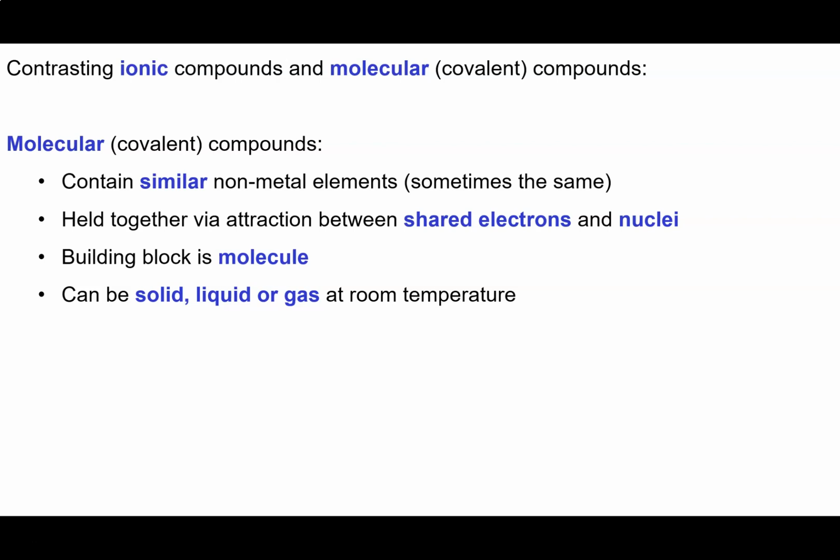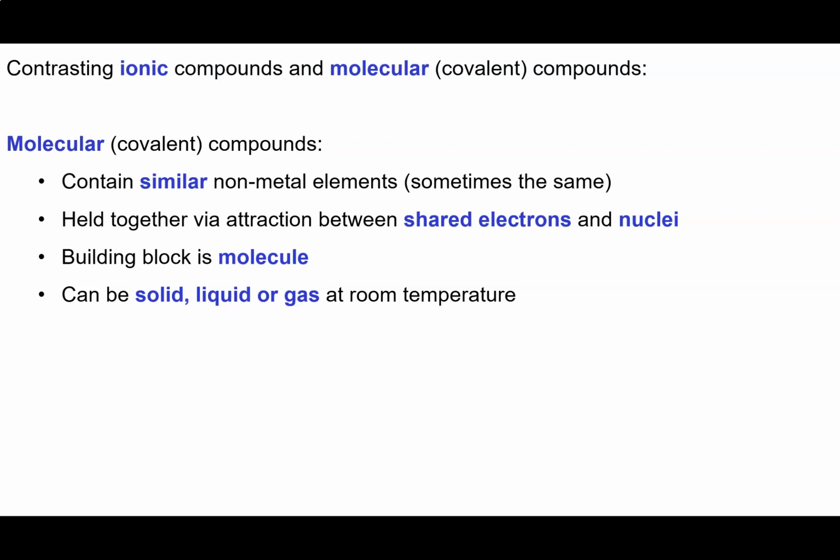Now, molecular compounds are also called covalent compounds. They contain similar elements. In fact, what they contain are similar non-metal elements, and sometimes it's even the same non-metal element. And what's holding the atoms together in a molecular substance is the attraction towards shared electrons by the nuclei.